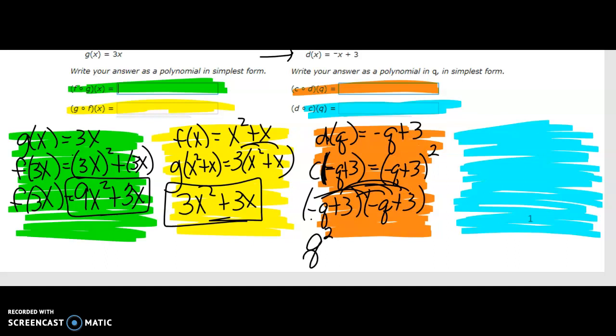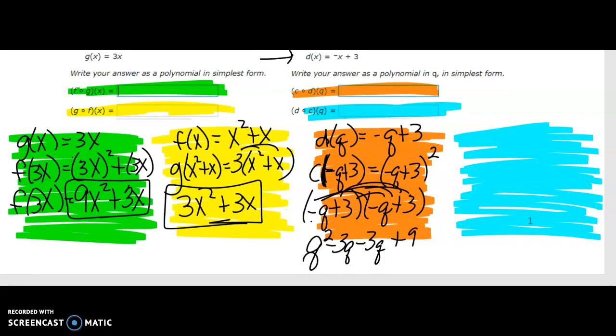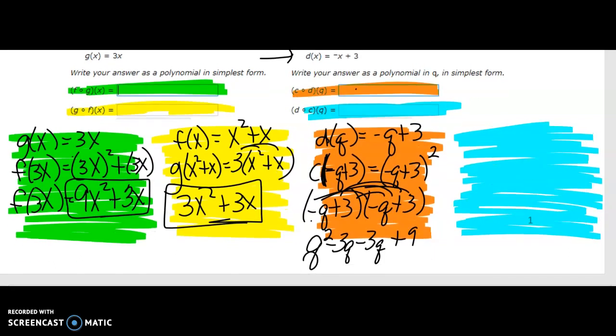Negative q times positive 3 is negative 3q. 3 times negative q is negative 3q. And 3 times 3 is 9. So our answer, I guess I'm just going to write it in the box itself because I ran out of room. Let's see here. Q squared minus 6q plus 9.